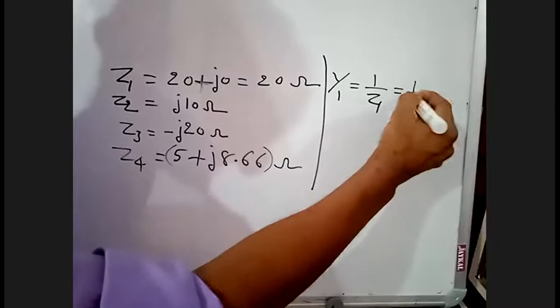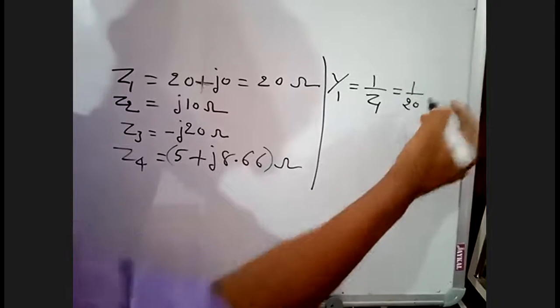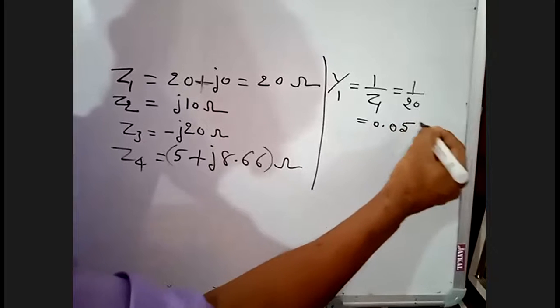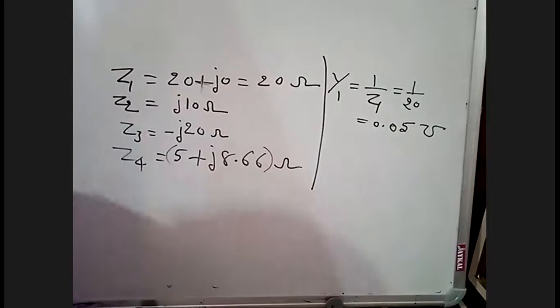Okay. Now I am determining admittances. Y1 is equal to 1 by Z1. What is this value? Siemens. Y1 is the inverse of impedance.